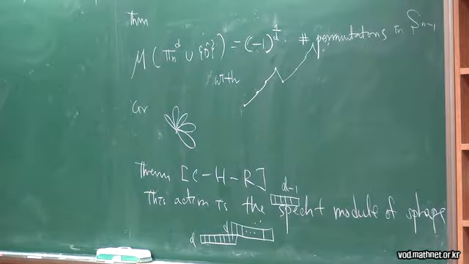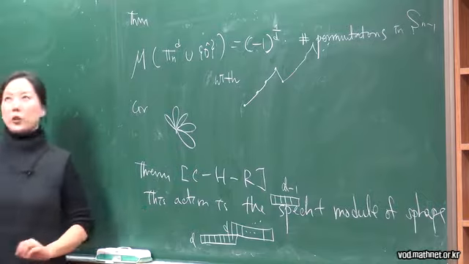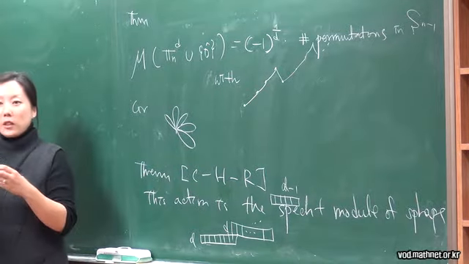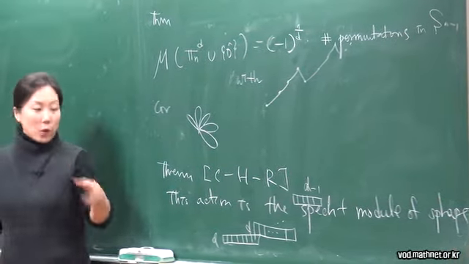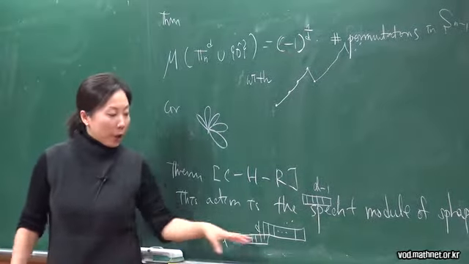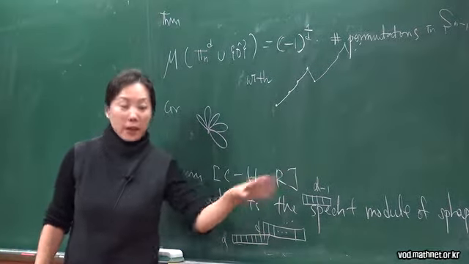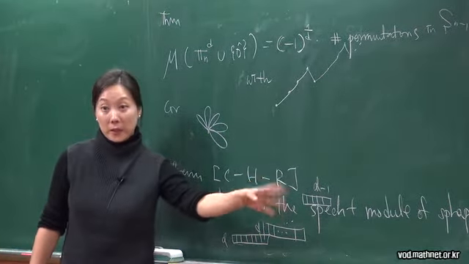I'm sorry, I cannot explain what the Specht modules are in 50 minutes. But the important thing is this group action is well defined and it is the Specht module. The dimension of the Specht module is the number of fillings of the numbers from 1 to n minus 1 into the boxes, where each row is increasing and each column is decreasing.